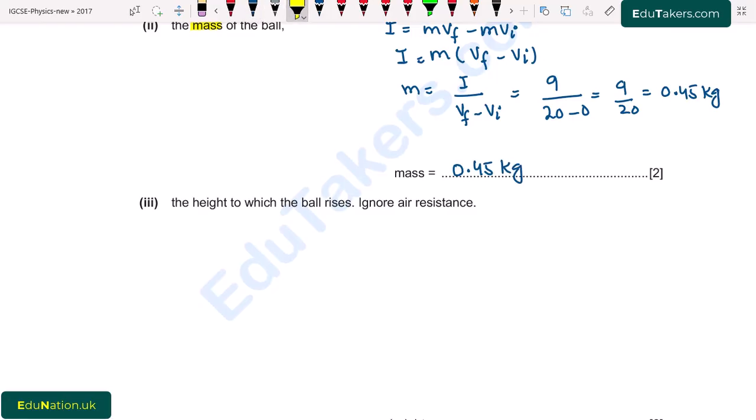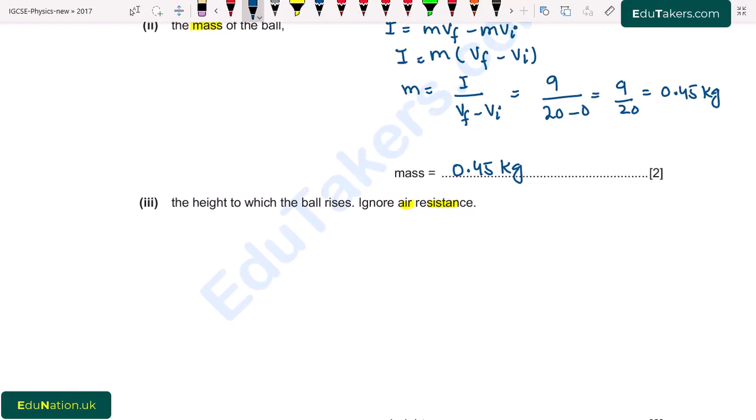Part 3. The height to which the ball rises. Ignore air resistance. So here we have to ignore the air resistance and find out the height to which a ball can rise. So I use the formula that the kinetic energy that is lost here will convert into the gravitational potential energy.